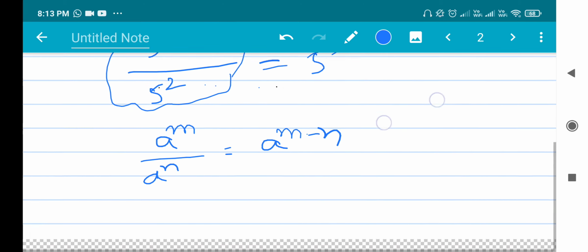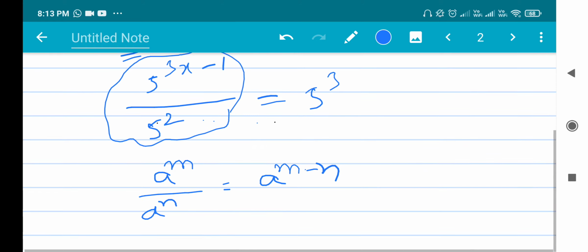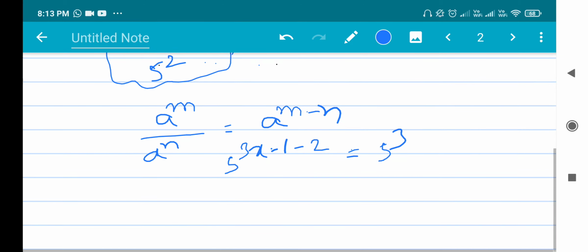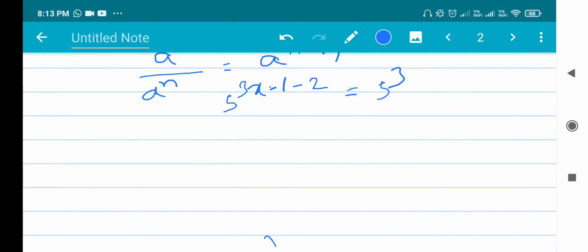By applying this, it becomes 5 to the power of 3x minus 1 minus 2 is equal to 5 to the power of 3. Next, 5 to the power of 3x minus 1 minus 2, so this is 5 to the power of 3x minus 3, is equal to 5 to the power of 3.